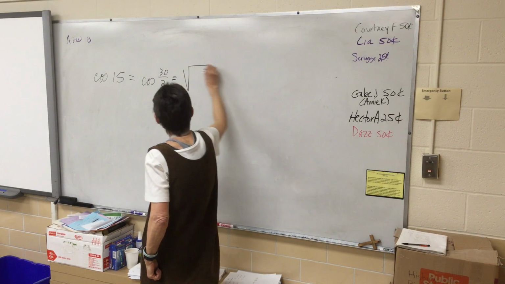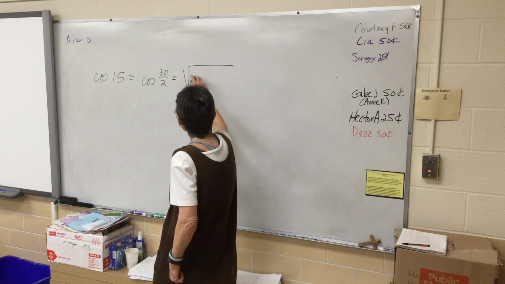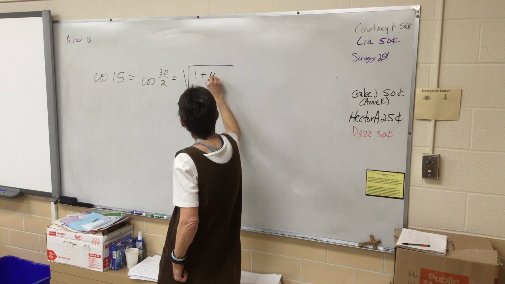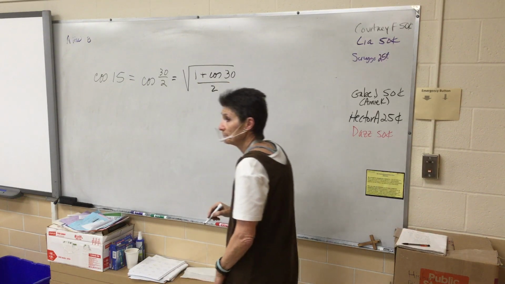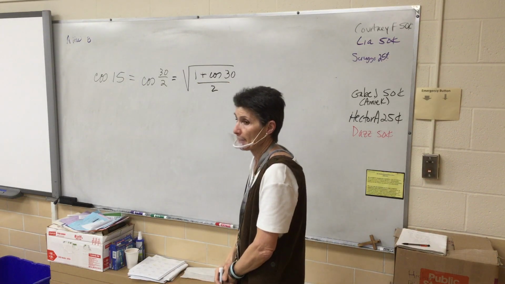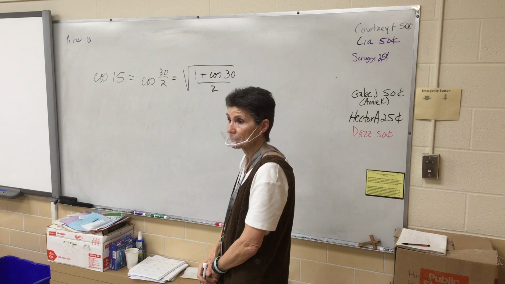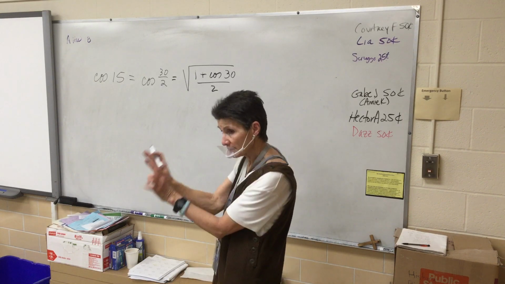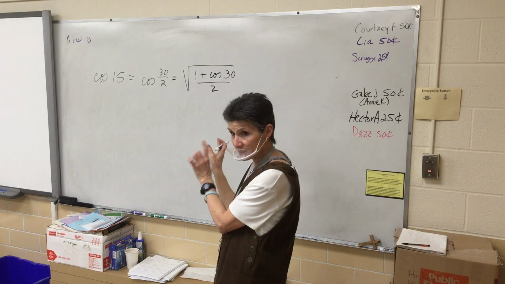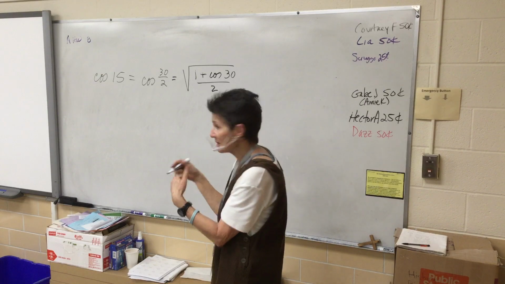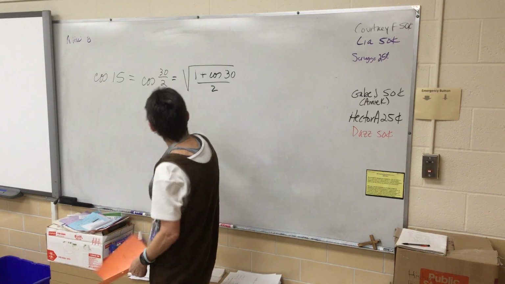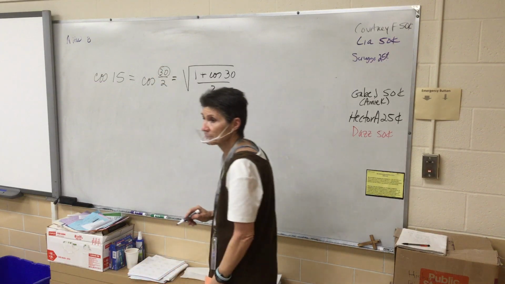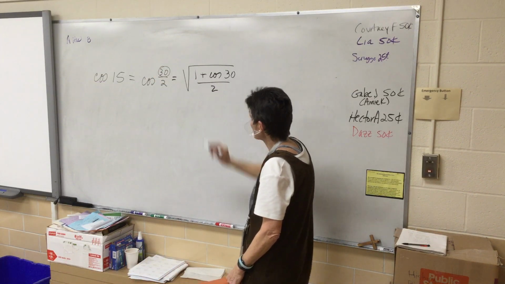It's got a square root, big square root, and then it's 1 plus the cosine of 30 over 2, like that. Everybody looking at the one on the sheet and look at what I wrote, makes sense? 30 is my theta, or is theta the letter they used? Yeah. 30 is my theta. So 1 plus cosine 30 over 2.